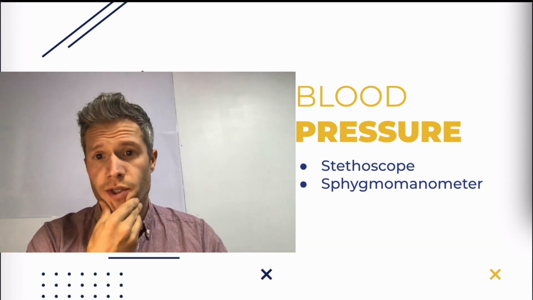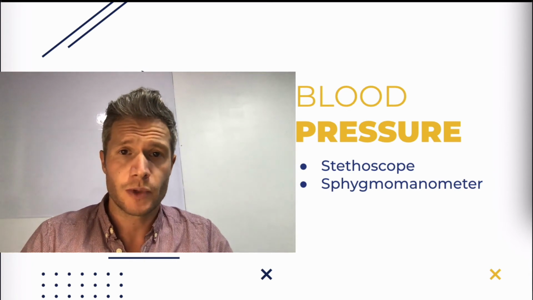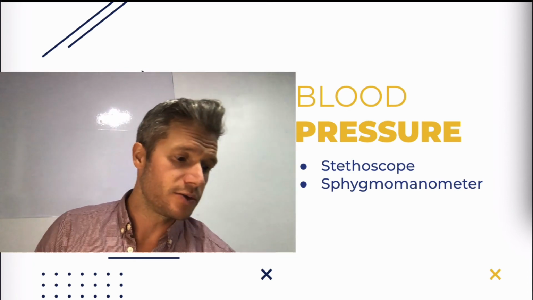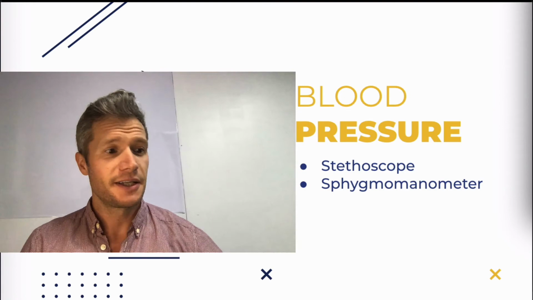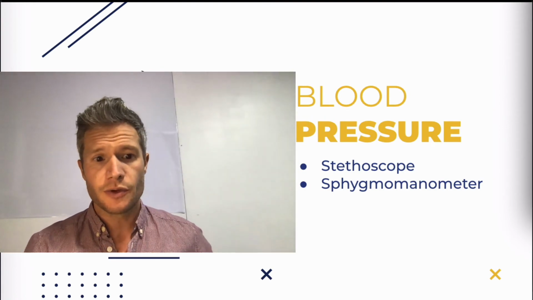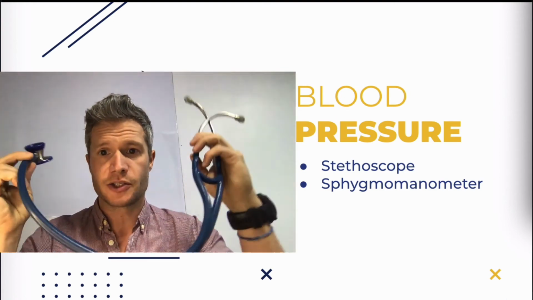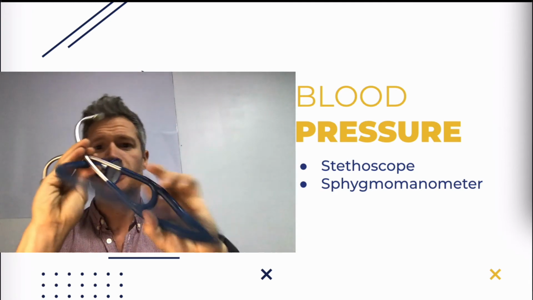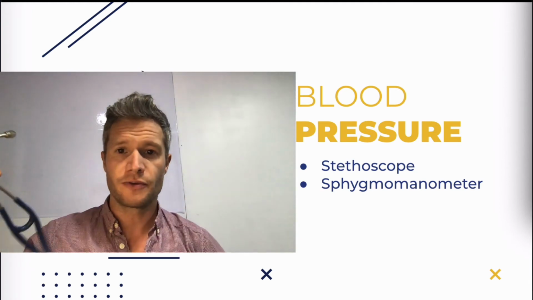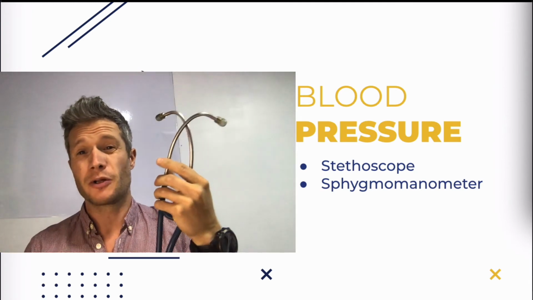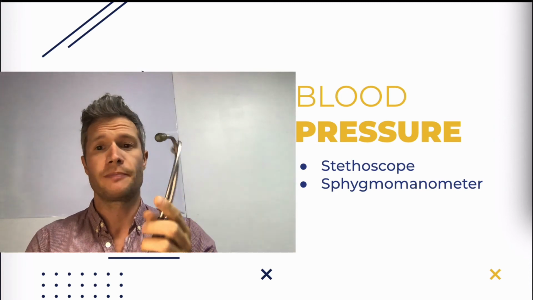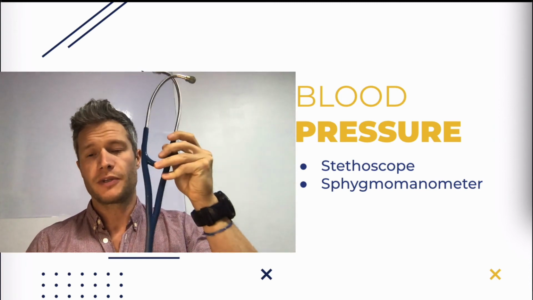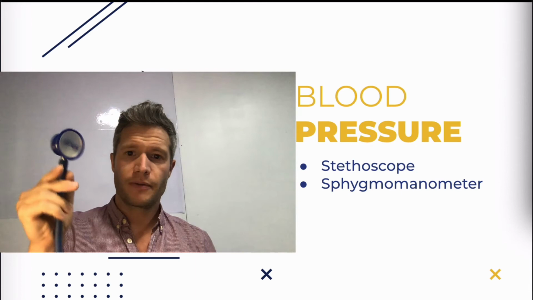To take blood pressure, we have some special tools that we can use, most of which you've seen. So first off will be the stethoscope. Now yours might not look exactly like this, but we'll cover a few features of it and what's typical of most stethoscopes, okay? So first off, let's look at the front end.